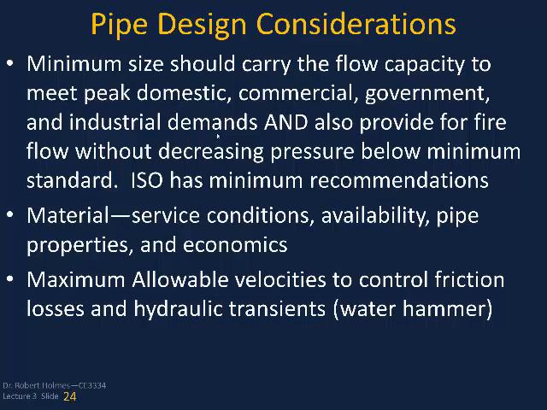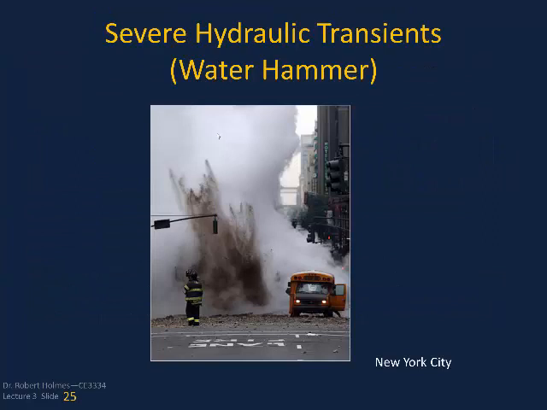If you have flow going in a particular pipe and all of a sudden you shut that down, the energy goes from kinetic energy into pressure energy, and so you get this water hammer, this water transient. If you've got high velocities in your lines and you set up this water hammer, it can cause tremendous damage, blowing pipes out of the ground. This is an example from New York City where it just exploded the pipe underground and you got a huge leak.